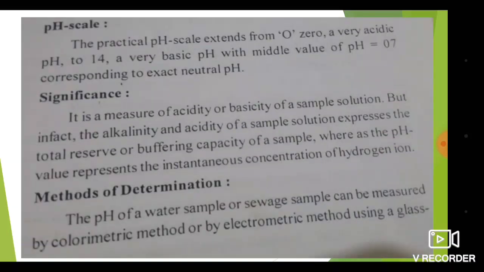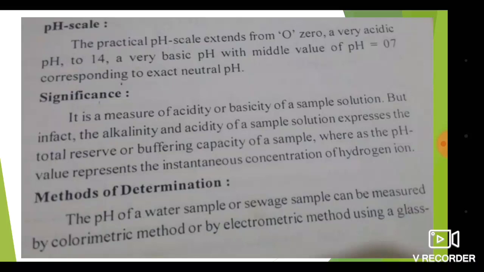The practical pH scale extends over 0, a very acidic pH, to 14, a very basic pH, with the middle value, pH 7, corresponding to the exact neutral pH. So what is the significance? It is a measure of acidity or basicity of the sample solution.